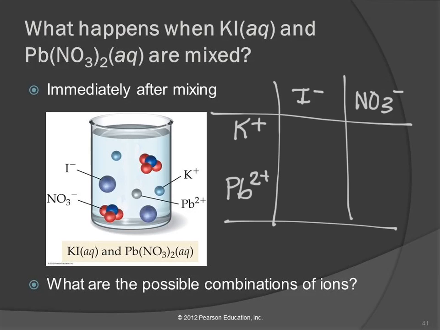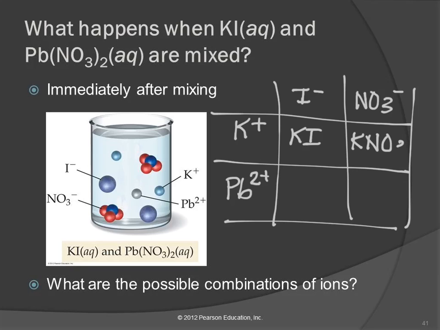So there's a possibility for 4 different compounds. We can combine the potassium with the iodide, we'll get KI. We can combine the potassium with the nitrate. We can combine the lead 2+ with the iodide, or we can combine it with the nitrate.